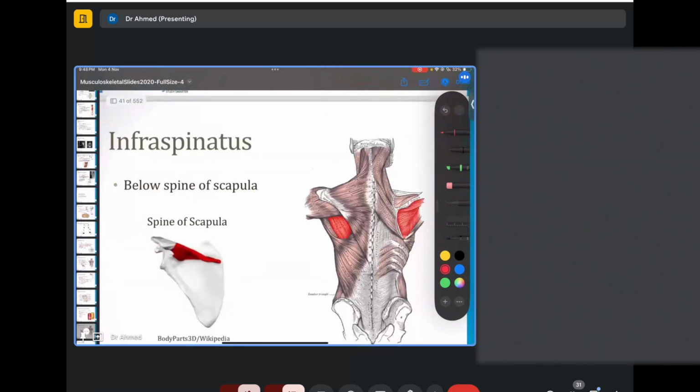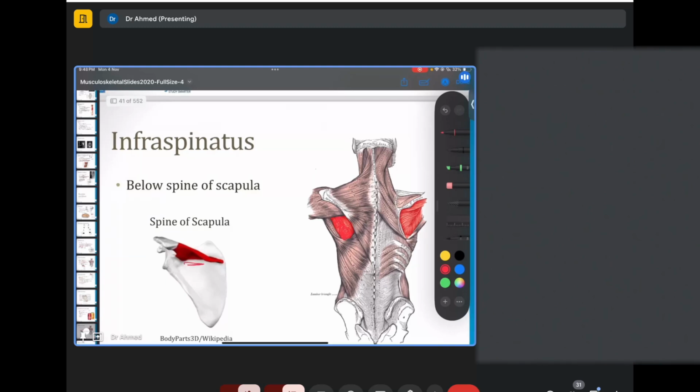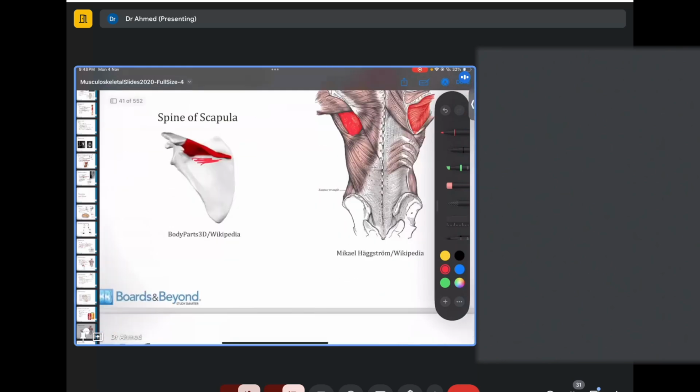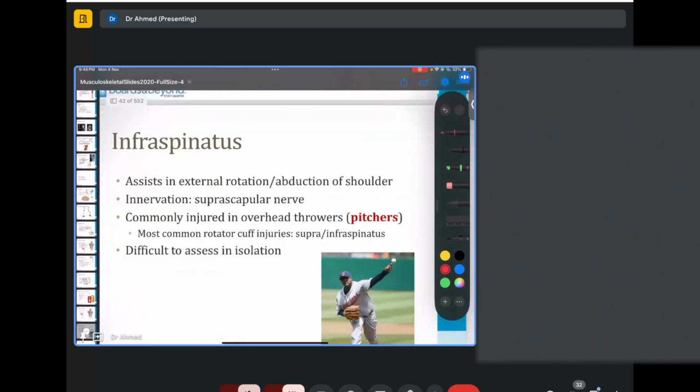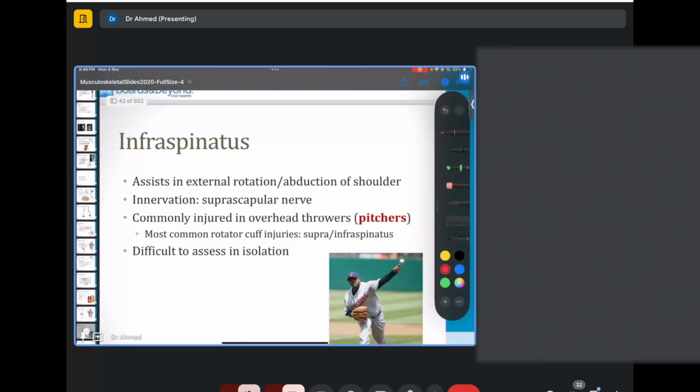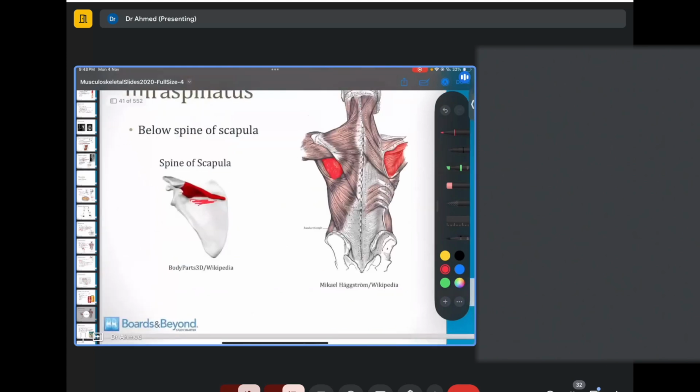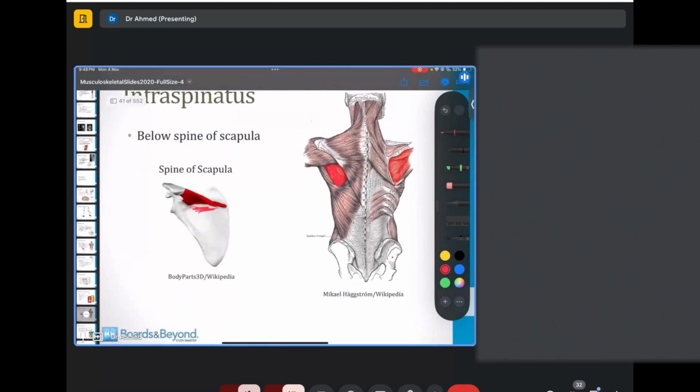Okay. Then you have your infraspinatus muscle, which is present below the spine here, right? What's the main function of the infraspinatus muscle? It is external rotation and abduction of the shoulder. Here you can see, for example, if I am pulling on this muscle, what happens? You're going to see an external rotation like that, right?